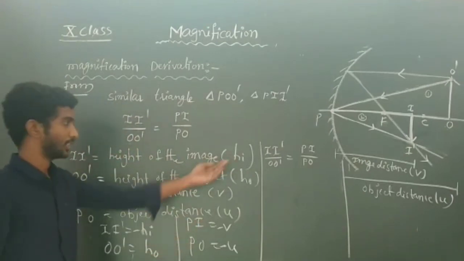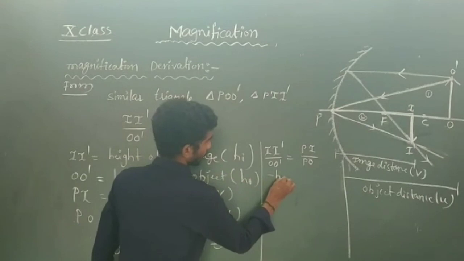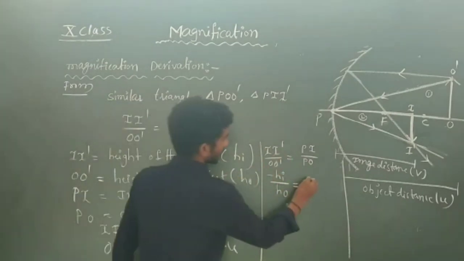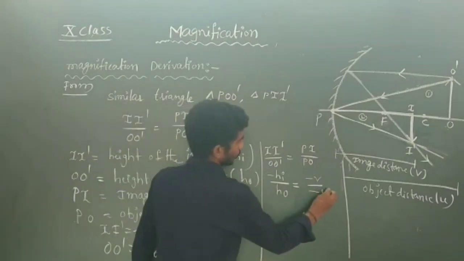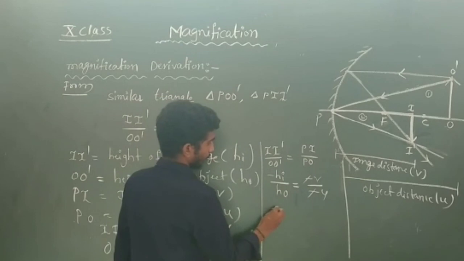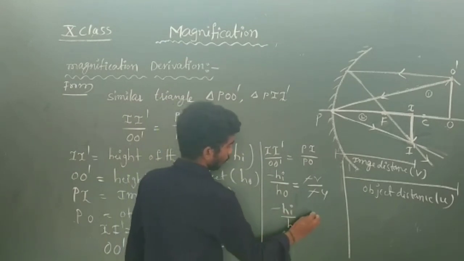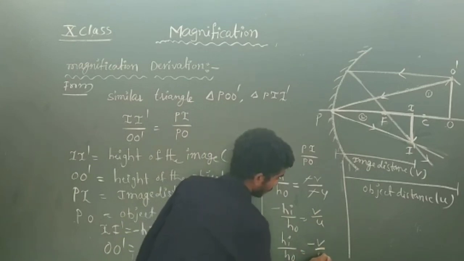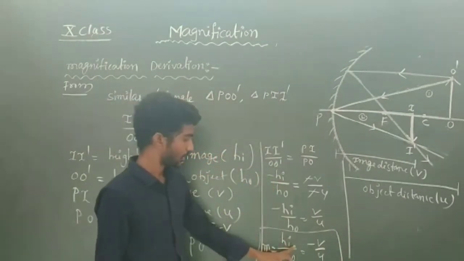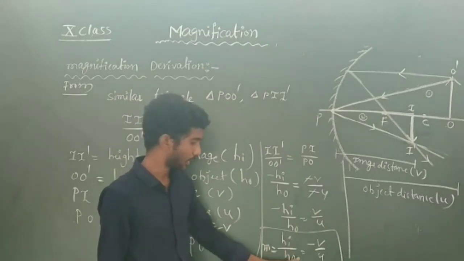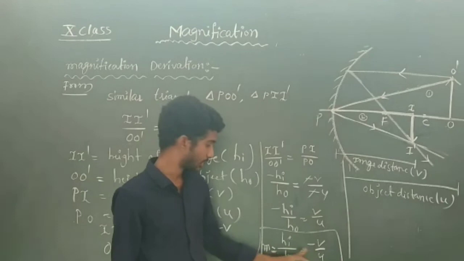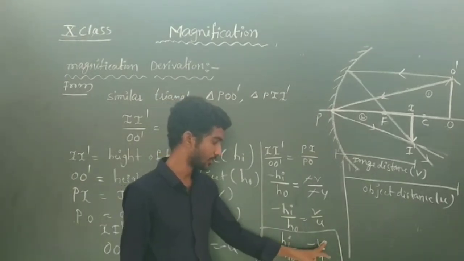I dash is equal to minus H I, O dash is equal to H O, P I is equal to minus V, and PO is equal to minus U. So the minus signs cancel: minus H I by HO is equal to V by U, so H I by HO is equal to minus V by U. So magnification M is equal to H I by HO, height of the image to the height of the object, is equal to minus V by U, image distance by object distance.